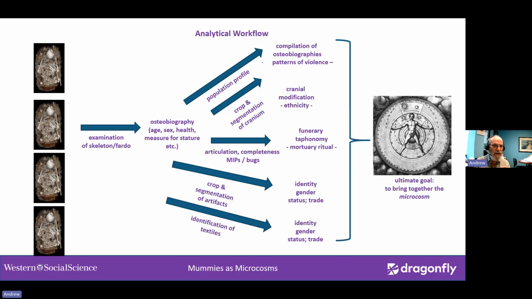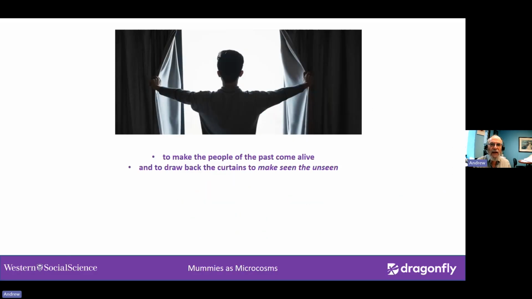So who was this individual, and what was their life like, as we can see from all these different features that we can reconstruct using Dragonfly to help us analyze the CT scans? The idea is we're opening the curtains to make seeing the unseen. We're using these CT scans to non-destructively see what is inside the bundle.